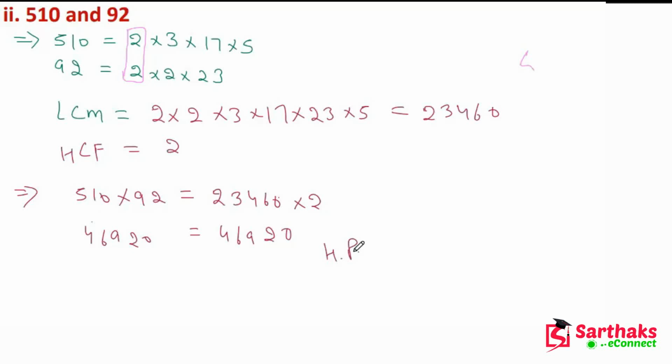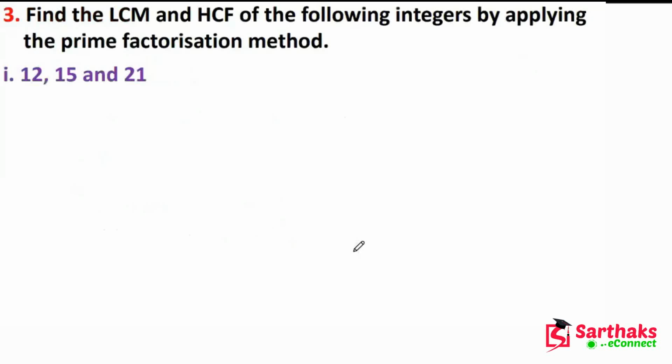So now let's move on. Now find the HCF and LCM of the following integers by applying the prime factorization method. Okay, let's start. Again, for finding the HCF and LCM, first of all we have to find the factors.